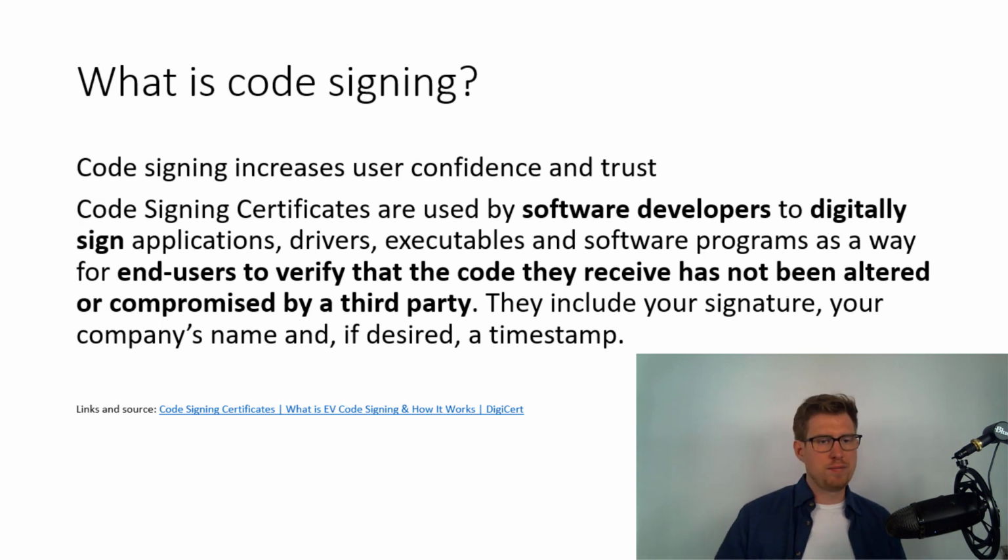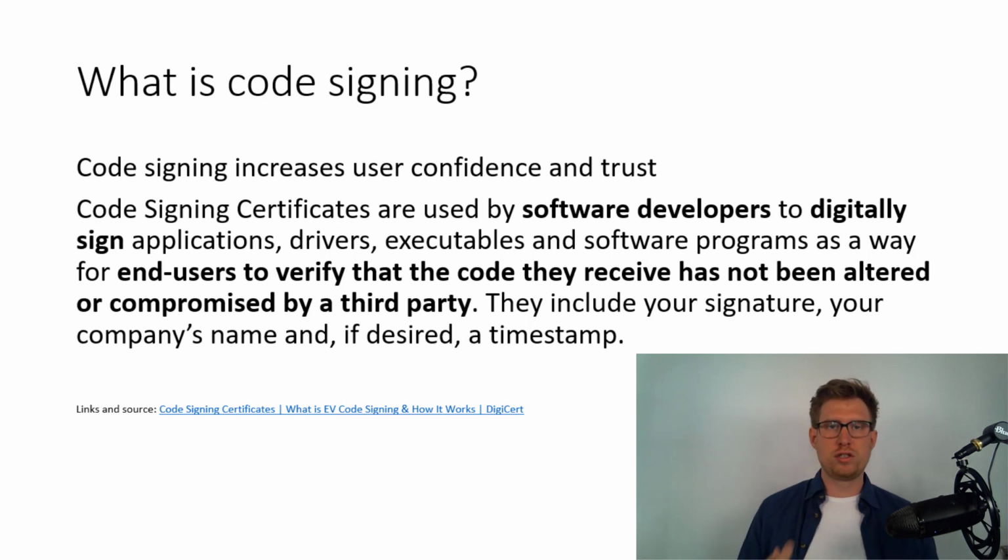So what is code signing? Code signing is to increase the confidence and trust in the application. The trust is coming from the machine, the device, to actually know that this application or executable is something we trust.